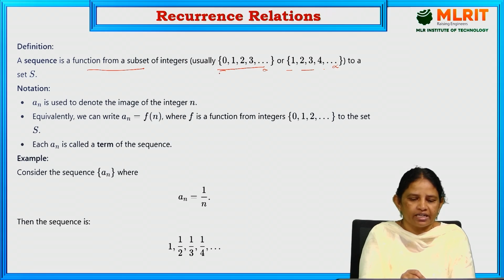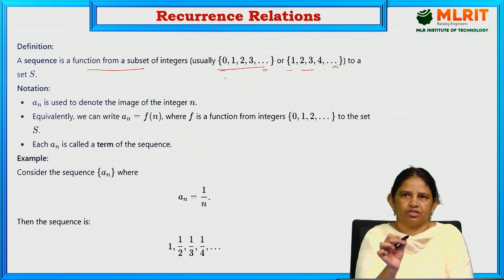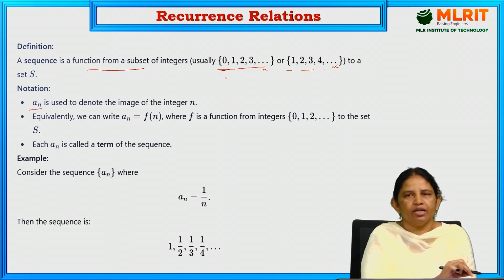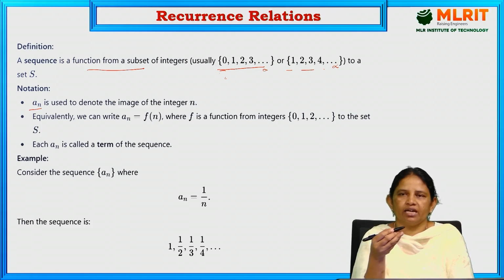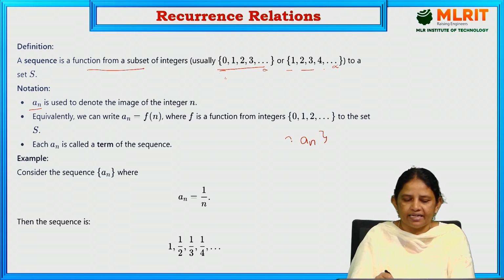Instead of writing each and every term, that is 0, 1, 2, 3, we can denote it as a simple term, that is called an. Instead of writing every integer in the sequence, we can write the generalized term, an, where n starts from 0 to infinity.